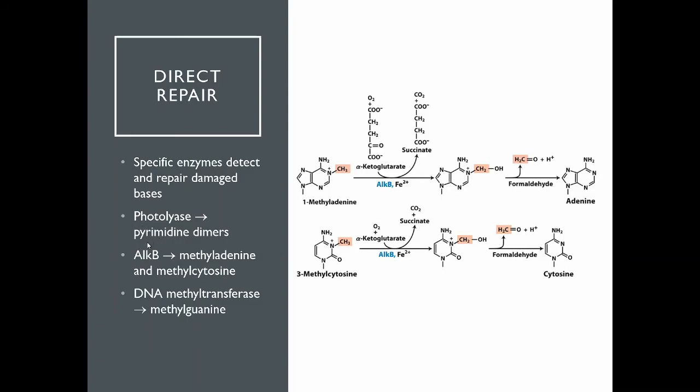Their job is just to repair pyrimidine dimers, and then AlkB repairs methyladenine and methylcytosine abnormal bases, and then DNA methyltransferase specifically looks for methylguanine. So those are all abnormal bases with specific direct repair mechanisms.